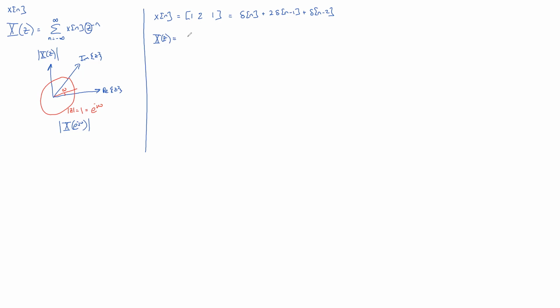And so it just becomes 1 plus 2 Z to the minus 1 plus Z to the minus 2. So here's our 1, here's our 2, Z to the minus 1 plus 1 times Z to the minus 2. And Eric's question is, why should this thing ever blow up? Because it's a finite sum, so how could it blow up?